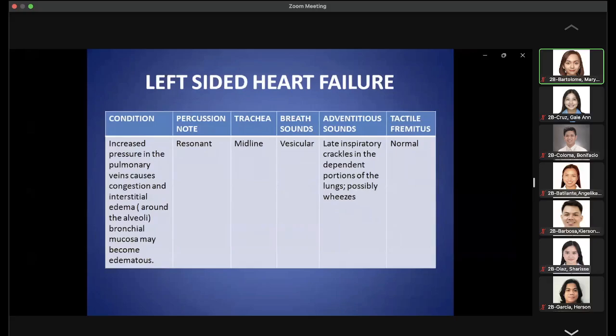In left-sided heart failure, where there is an increased pressure in the pulmonary veins causing congestion and interstitial edema, you may find late inspiratory crackles in the dependent portion of the lungs, possibly wheezes. But the rest of the findings are normal.